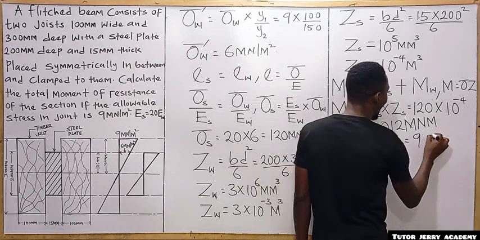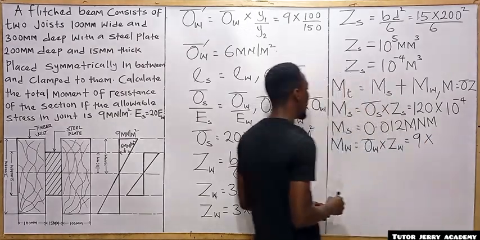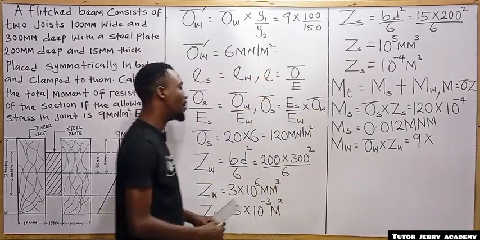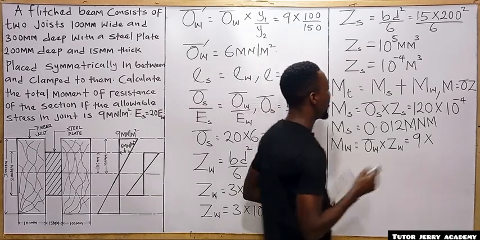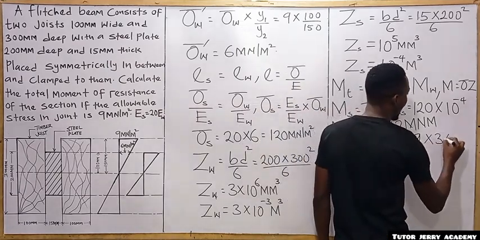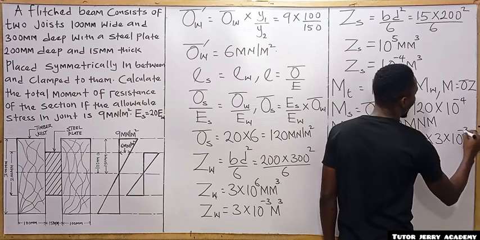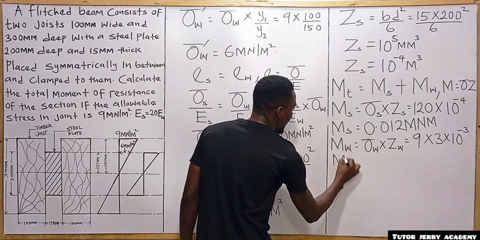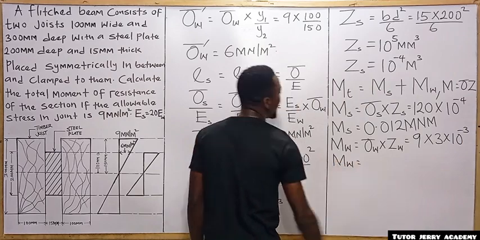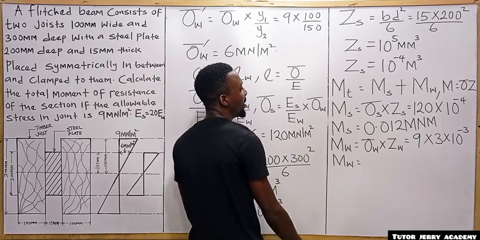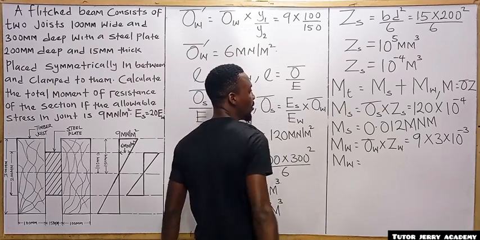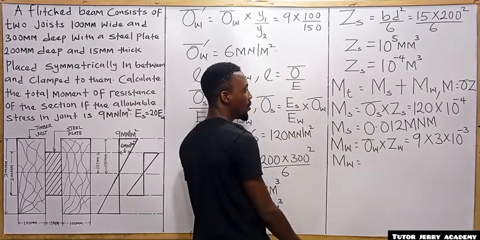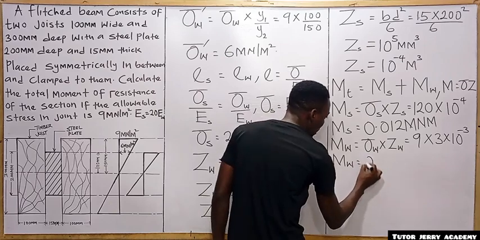So 9 multiplied by the section modulus of the wood now. If you calculated that, the section modulus of the wood is 3 multiplied by 10 to the power of negative 3. All right, so if you do your math, the moment of resistance of the wood will be 9 multiplied by 3 times 10 to the power of minus 3, which gives us 0.027.